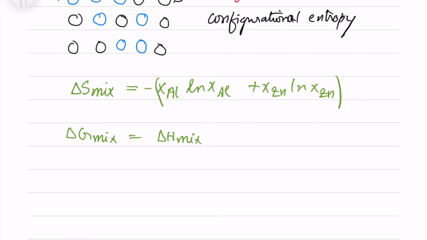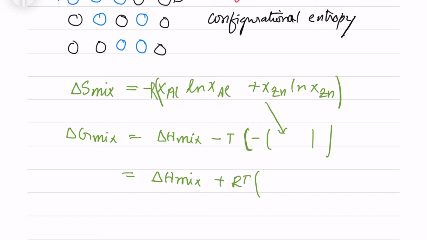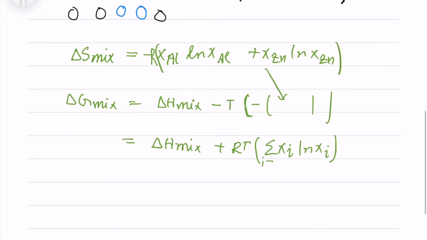We have a minus term here, so that we have minus T into minus of this term, so that would become delta H mix plus RT into summation of xi ln xi. So there are two elements, so i goes from 1 to 2.